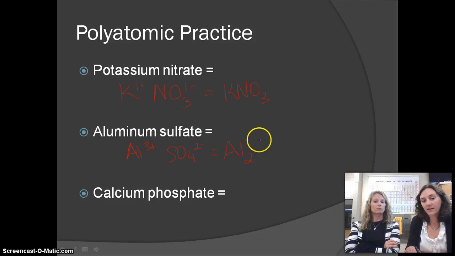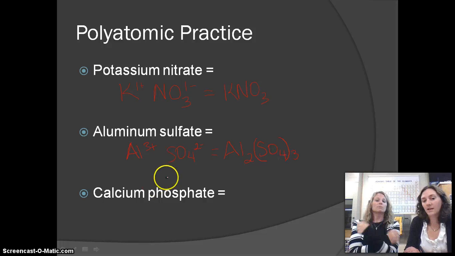So how do I write it? Well, if you put the SO4 and then try to put a 3 down there, you're going to have a 43. That doesn't work. So we're going to have to use parentheses to keep the sulfates together and show that there are 3 of them. Remember, the sulfate is 4 oxygens.